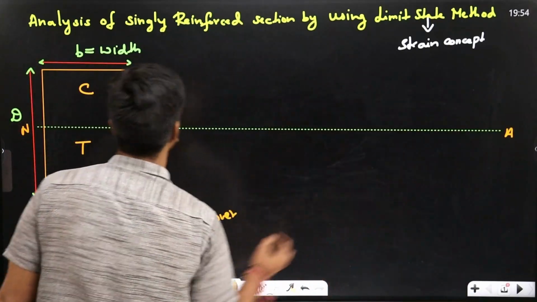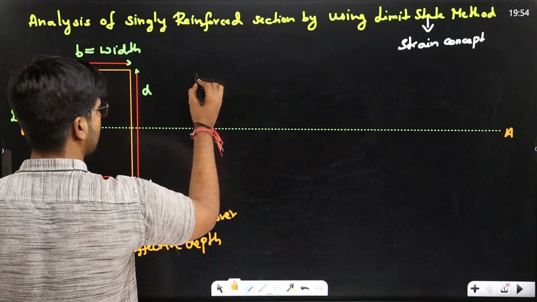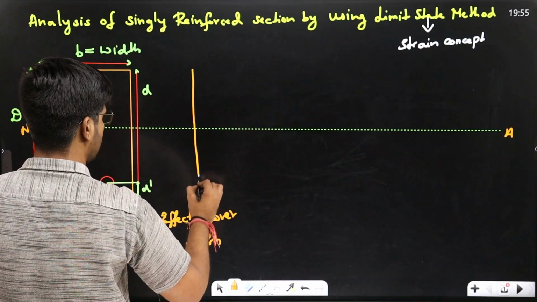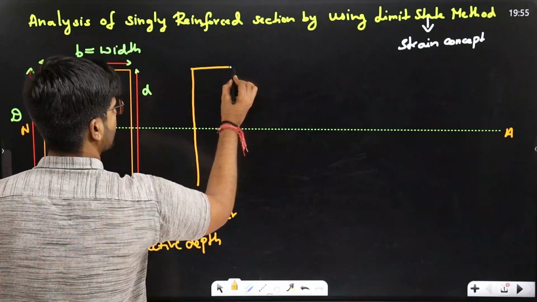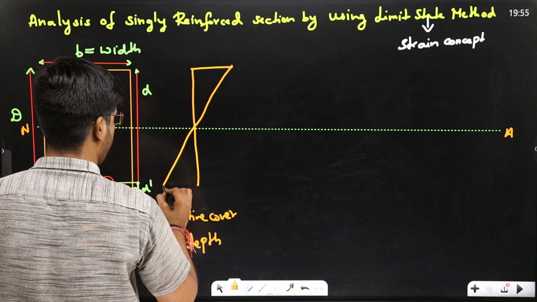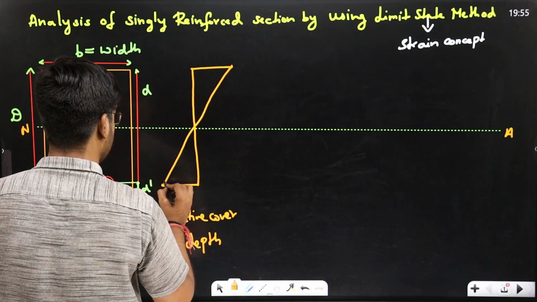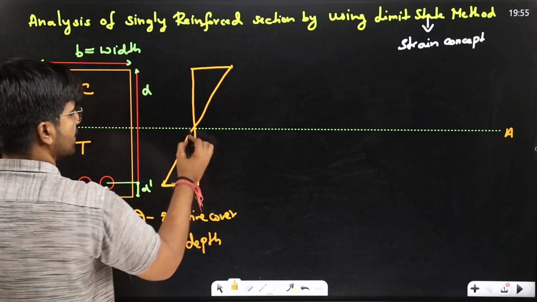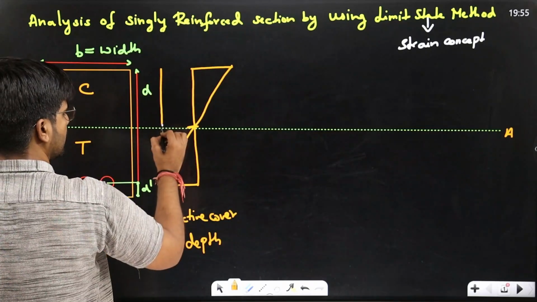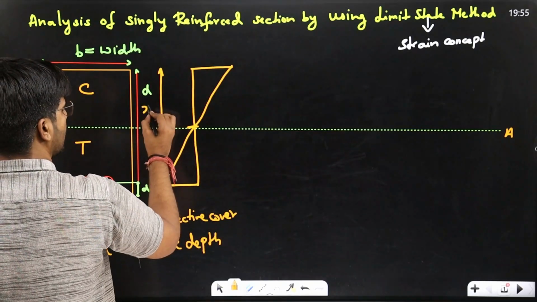Here is your strain diagram, because LSM is totally based on the strain diagram, and it will come like this. This is the neutral axis, and this is the depth of neutral axis.